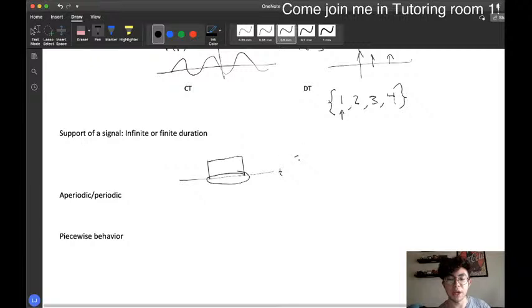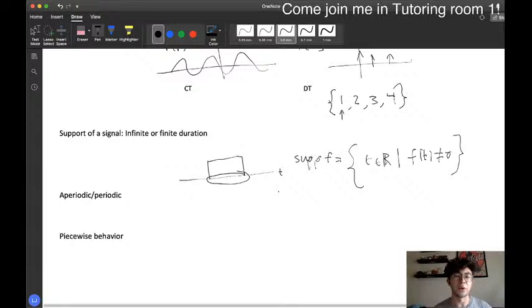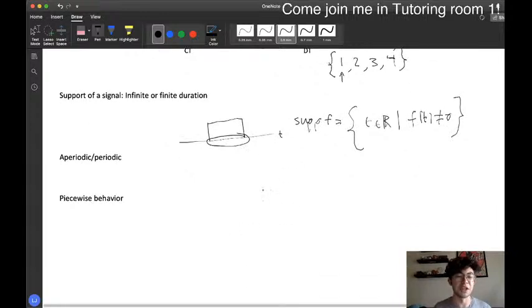If you want it written out, the support of some function is going to be the set of t values such that our signal, f of t, is not equal to 0. This might come up when I start rambling. This is just the language I like to use.